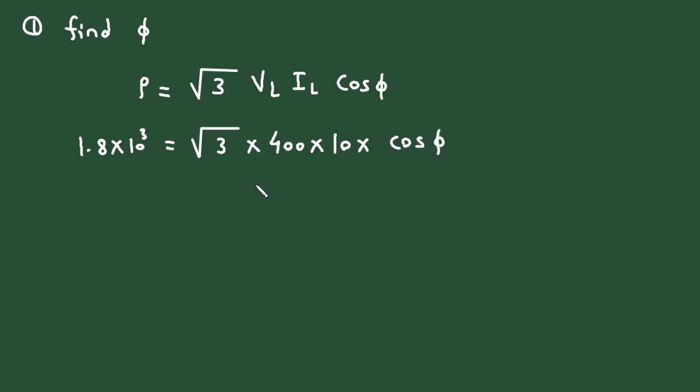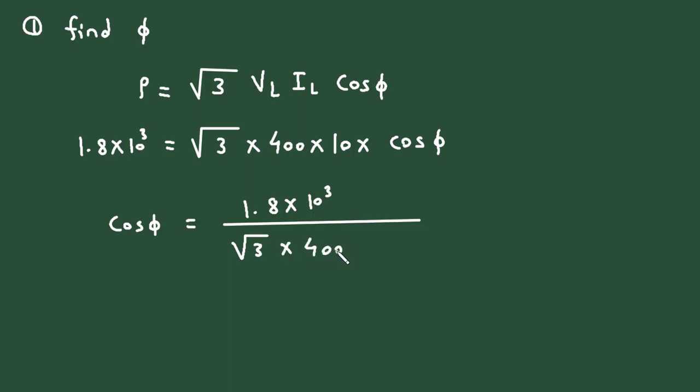So cos phi is equal to 1.8 multiplied by 10 to the power 3 divided by √3 multiplied by 400 multiplied by 10.